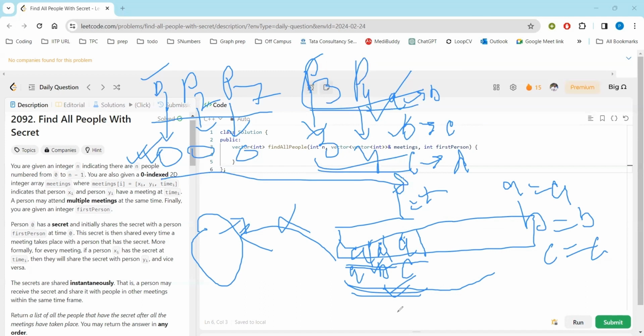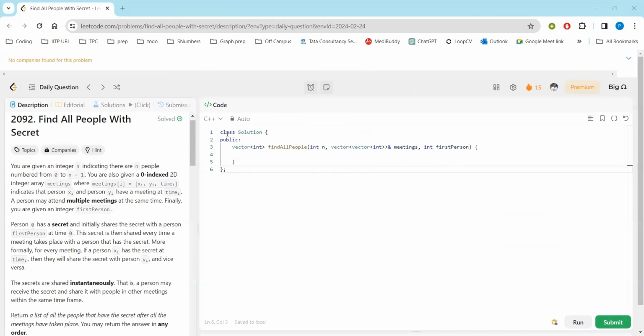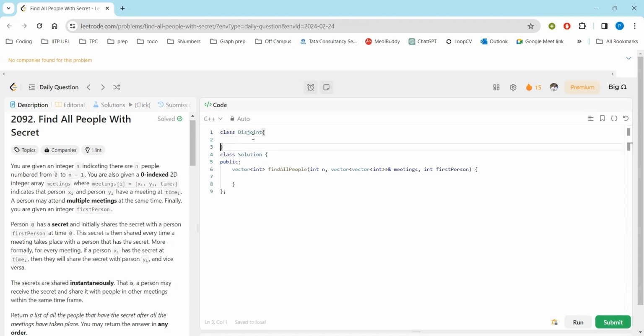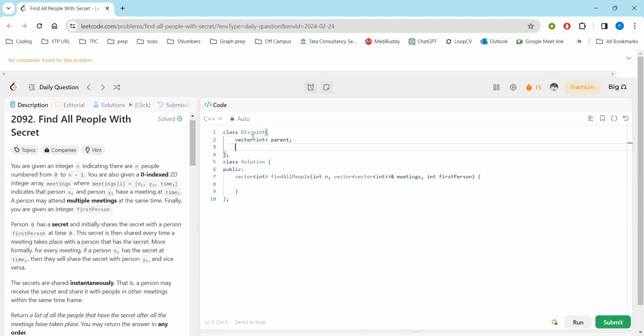Let's try to code. So we have discussed we will create a disjoint set to store that information. We will create a class and a parent array, or we can say ultimate source. To be familiar with disjoint set, I will keep it as parent.